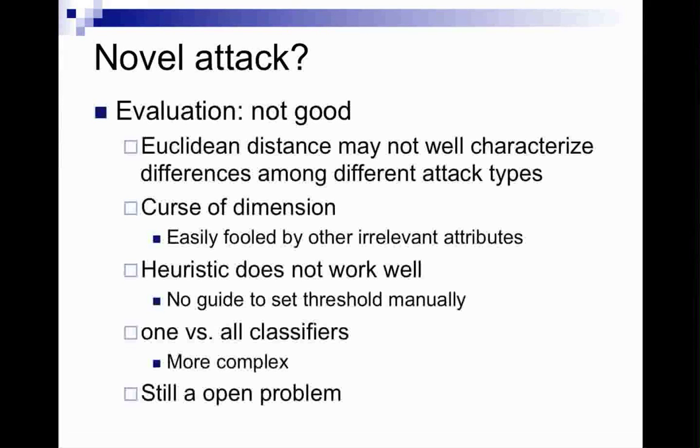As I mentioned, the Euclidean distance may not well characterize the difference among different attack types. And also, there's a famous term called the curse of dimensionality. This is especially severe in the KNN method, the KNN-like method, because as my data has more dimensions, the dense data point distribution will become more sparse.